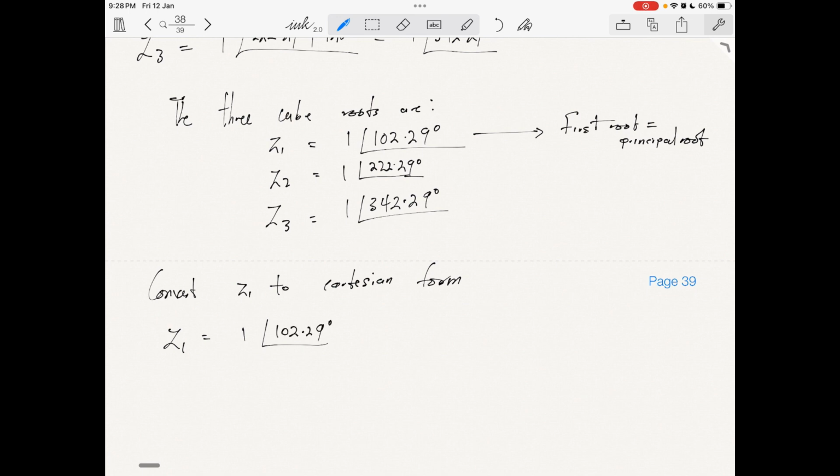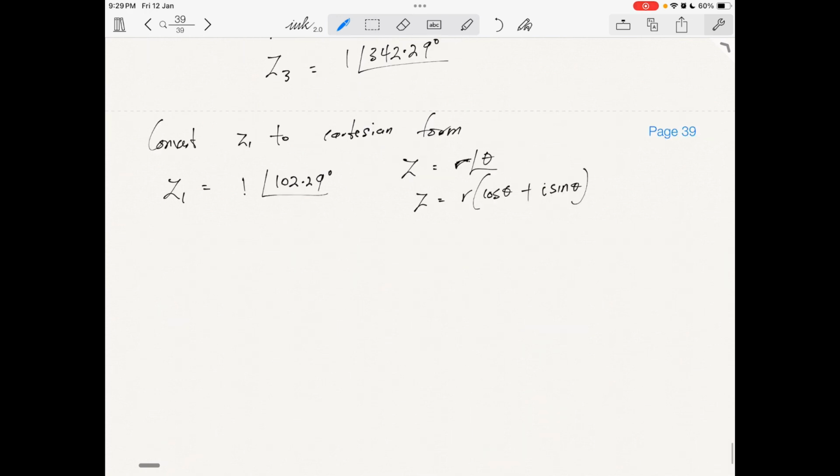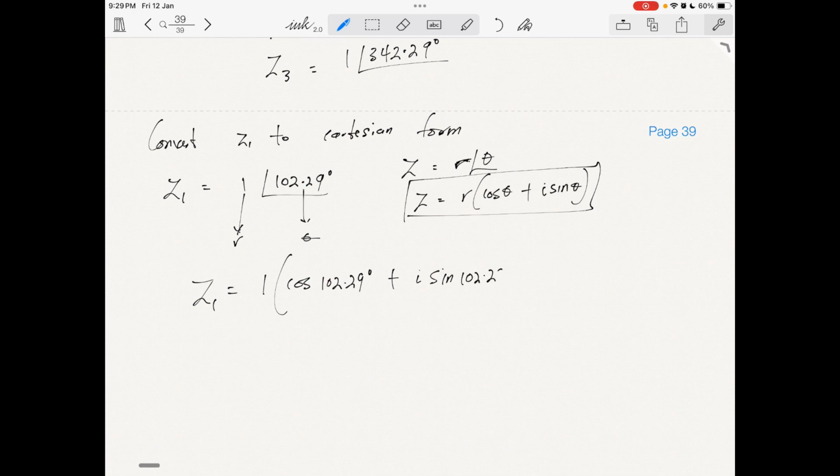Taking a quick recap, we know that when z is r argument theta, then z is also equal to r into cos theta plus i sine theta, and here this is our r and this is our theta. So following this formula, z1 is equal to r, that is 1, into cos 102.29 degrees, which is our theta, plus i into sine 102.29 degrees.